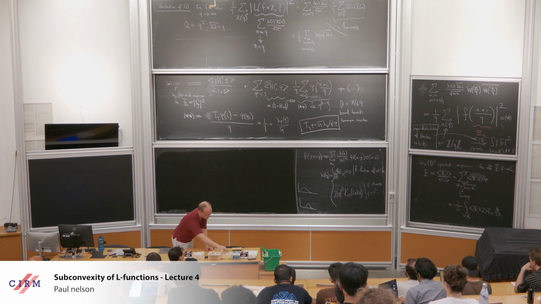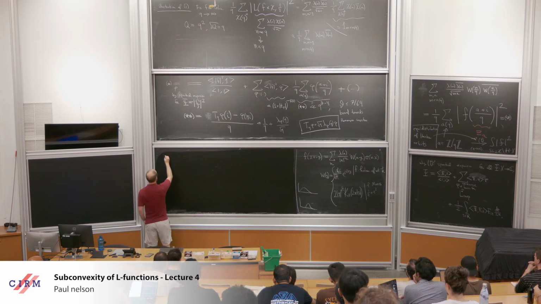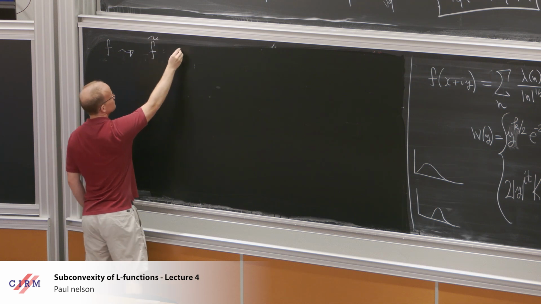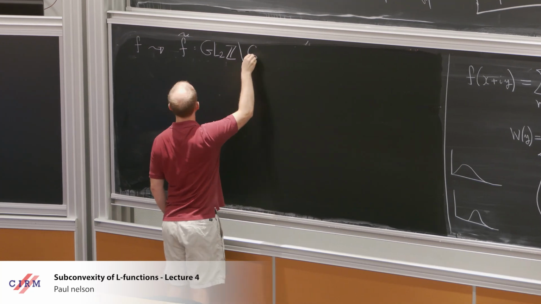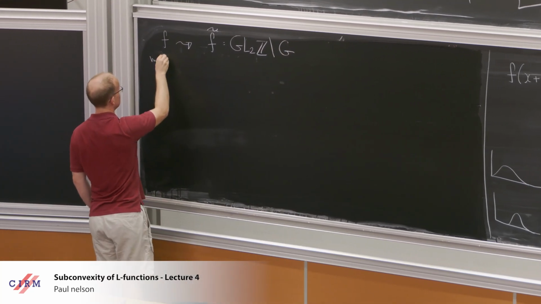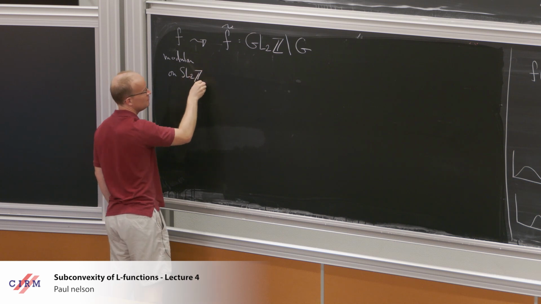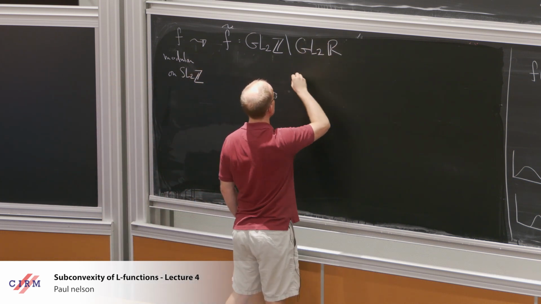So F, as on that right board, we can lift to some F tilde, so it will be a function on, let's say, GL2. So maybe F is a modular form on SL2Z. So you can lift it to a function on, let's say, GL2R mod GL2Z.